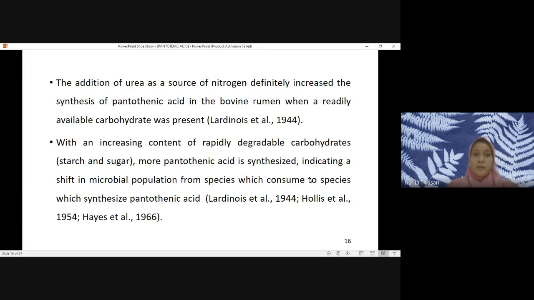The addition of urea as a source of nitrogen definitely increased the synthesis of pantothenic acid in the bovine rumen when a readily available carbohydrate was present.